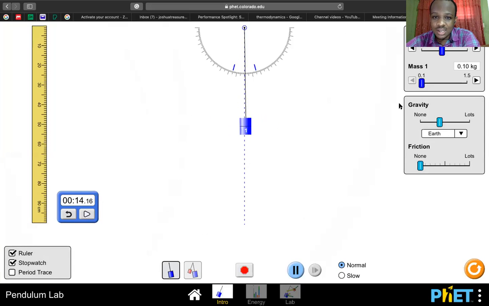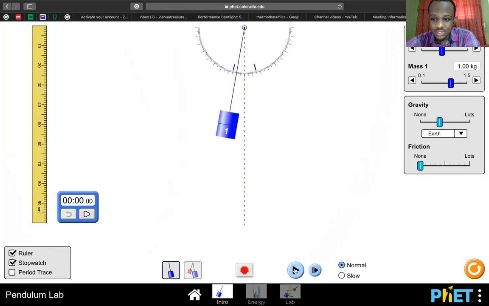So let's say we put it back up, we put our mass back at 1, and we stop our stopwatch, we pause it, place it back at 15 degrees, and we run the pendulum, right? So we start here, start, 1, 2, oh wait, that was at 14.1 seconds.